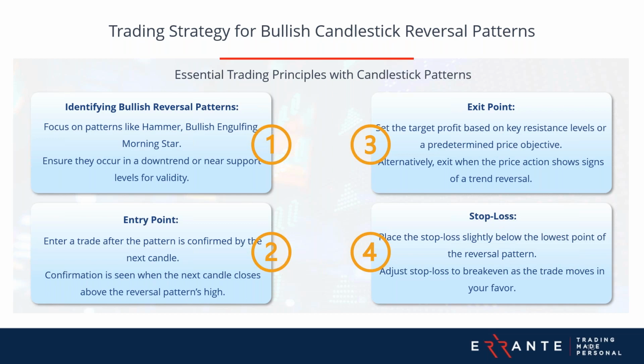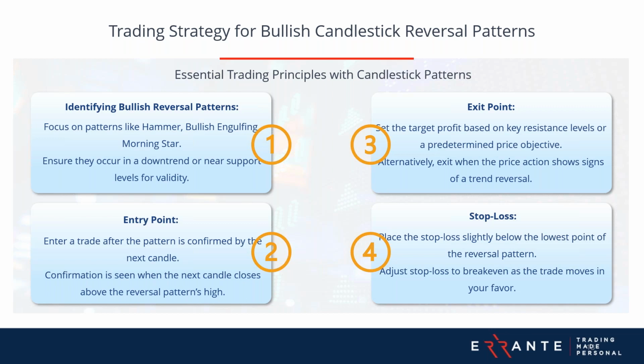So you are going to trade somehow sometimes against the prior trend, or somehow you want to get the most in line with the prior trend. But the strategy here suggests to observe these patterns in a downtrend or near key support levels in an uptrend, as this context enhances their reliability.